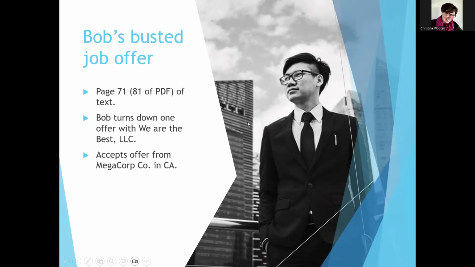So we can't exactly predict what's going to happen with Bob's previous place, but he does meet the requirements to bring a promissory estoppel suit against Megacorp Company in California.